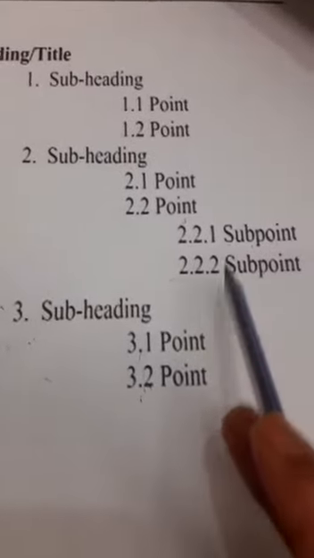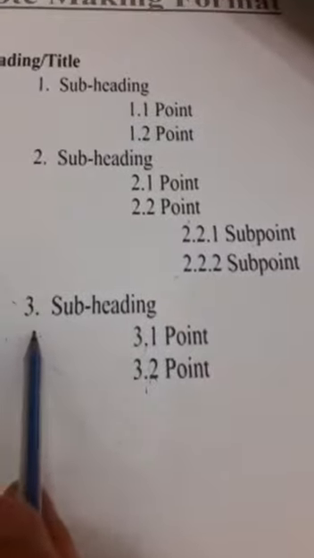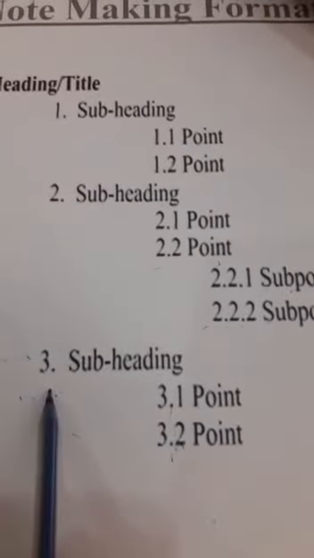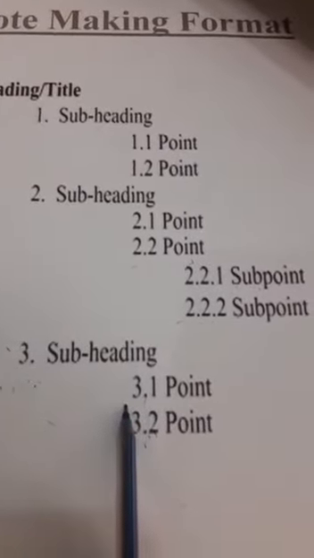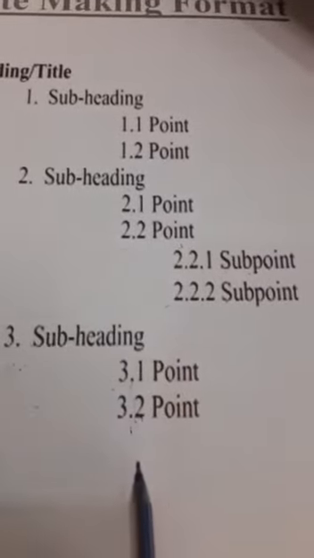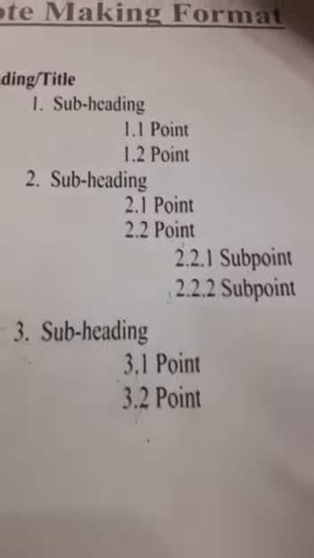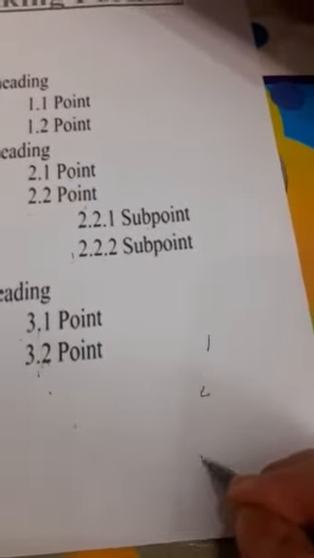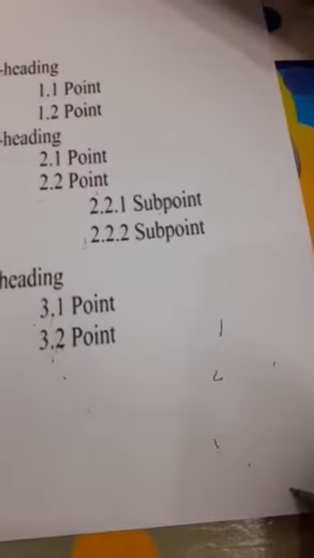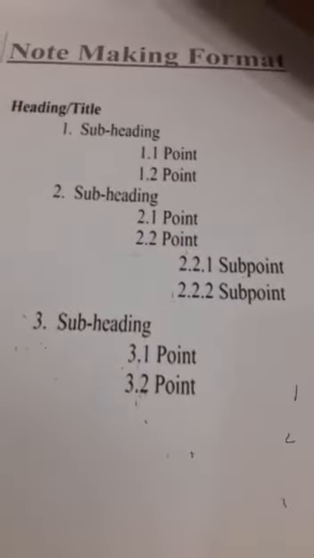If there is any sub point, you have to follow this. So 1, 2, 3 main subheadings are to be written in one margin. Points which give details of these subheadings are to be written this way, and sub points to be written further in. So this is the proper format. Means you write 1, 2, 3 main, then the second line you start from here, and the third you start from here. This way you have to follow this layout. Clear?